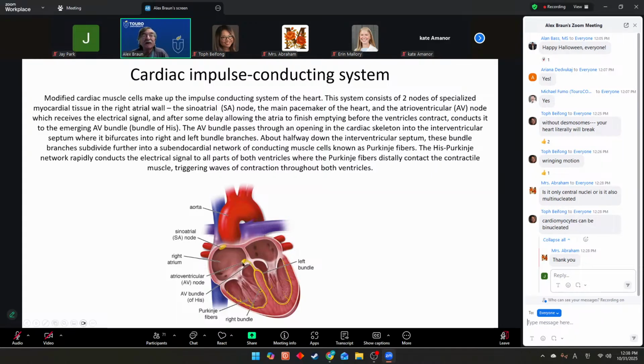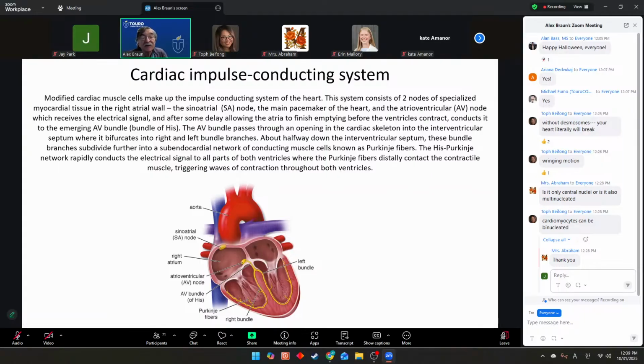There's a continuous axis from the AV node into the common AV bundle of His, the atrioventricular bundle of His, which travels into and through the cardiac skeleton, into the upper part of the interventricular septum. The upper part of the interventricular septum is actually not made of cardiac muscle.